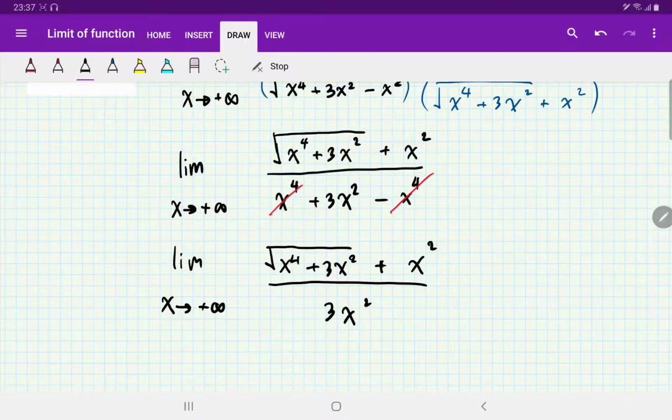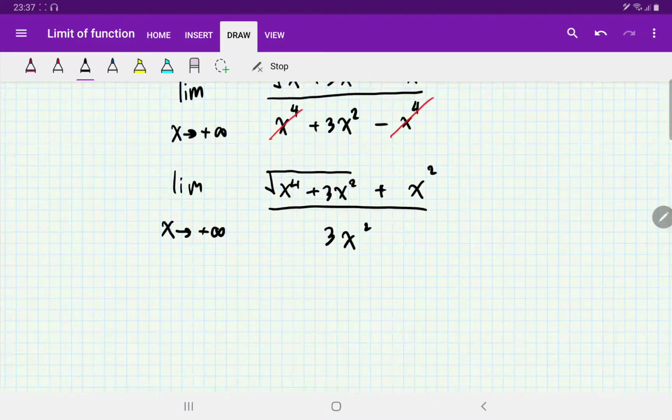If we substitute x approaching infinity, we get infinity in the first term, and infinity again in the second. So now we have the form infinity divided by infinity. We can use L'Hopital's rule, but in my way, I try to use algebraic manipulation to find the solution of this problem.